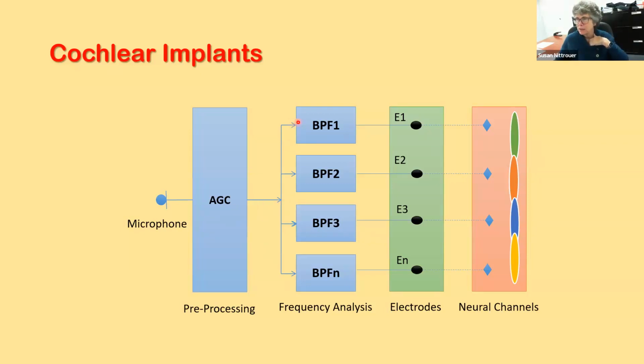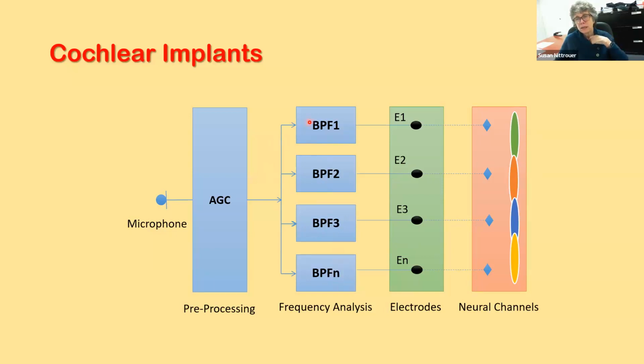Then that signal is sent to a filter bank. So this is bandpass filter 1, low frequencies, maybe frequencies 300 to 443, and then this is slightly higher frequencies. Setting the range for each one of these channels is known as mapping the cochlear implant.